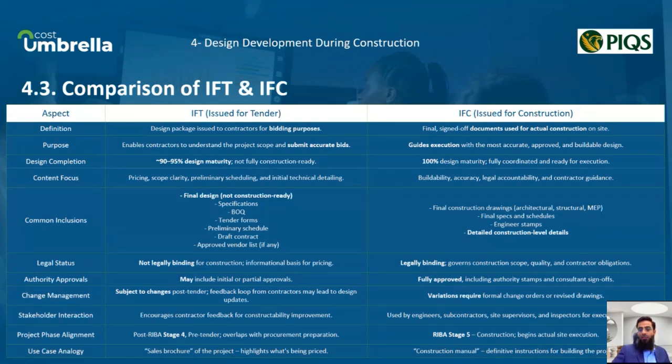Whereas in the IFC, issue for construction phase, stakeholder interaction remains essential to align all parties before building work begins. Final approval from the client on plans and contract terms is secured, while coordinating with the contractors through pre-construction meetings clarifies logistics and details.